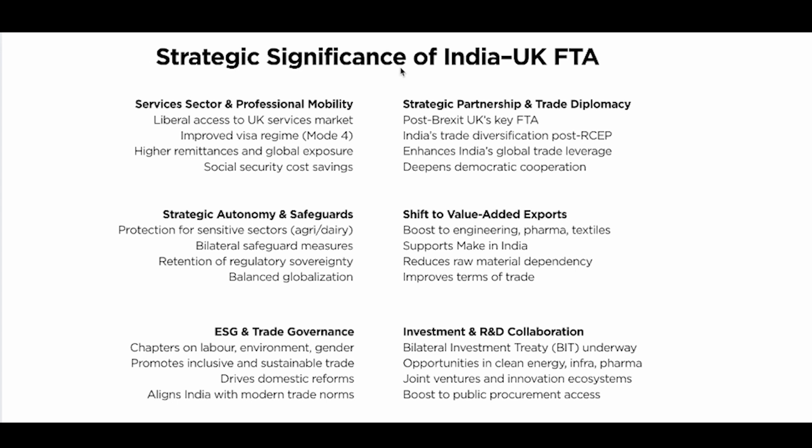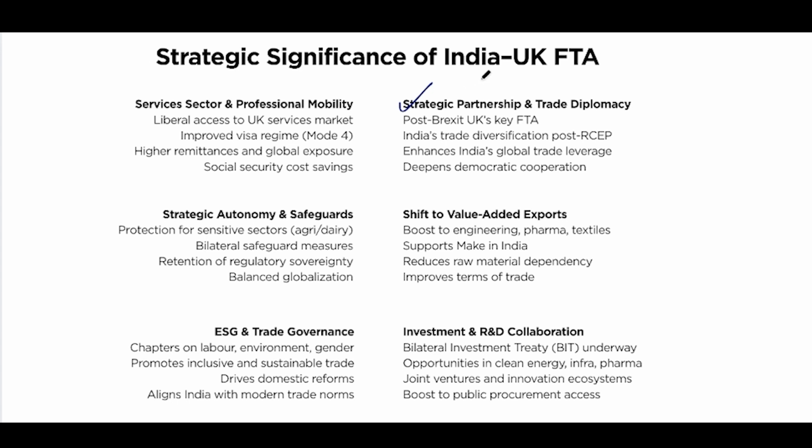Now, when you look at the overall benefit that this particular trade agreement has to yield, especially for India, it has a strategic and non-strategic significance for India. Let's start with the strategic partnership and trade diplomacy. You have to realize that this agreement carries weight well beyond commerce.